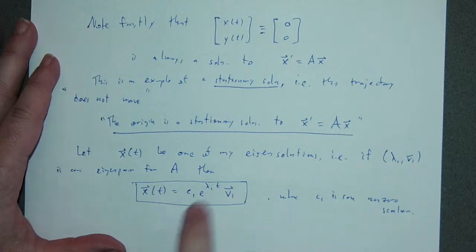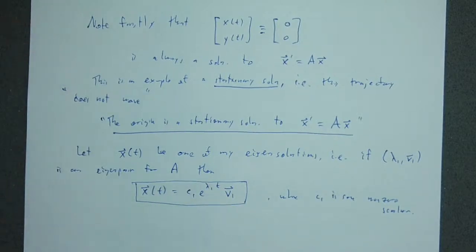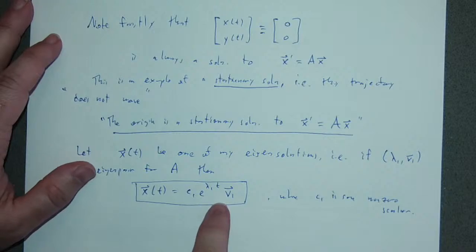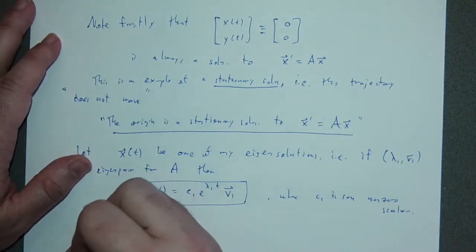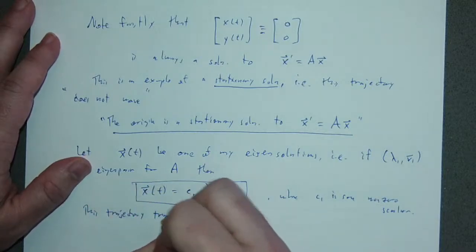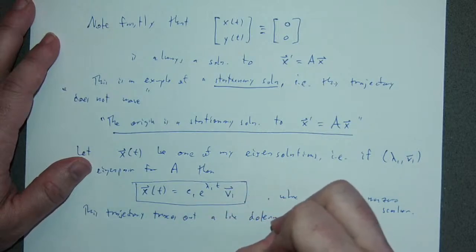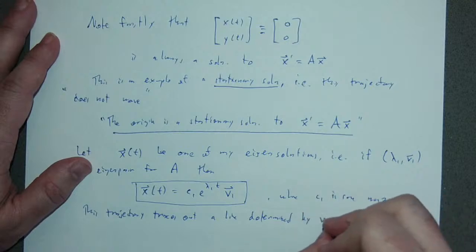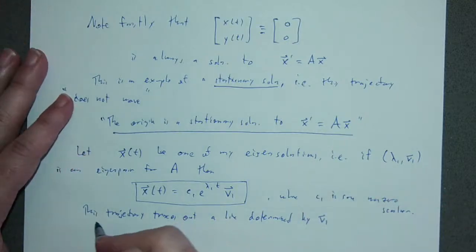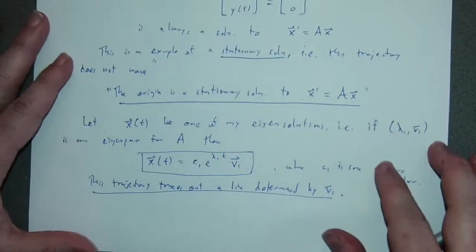So for a fixed t, this is some scalar times the vector v1. For some other t, it's some other scalar times the vector v1. And so this trajectory is just a line determined by v1. It traces out a line determined by v1. Okay, and so I can draw a picture of this line.